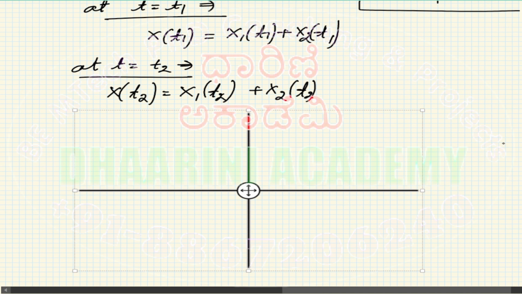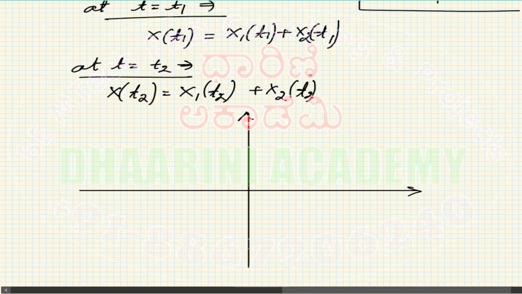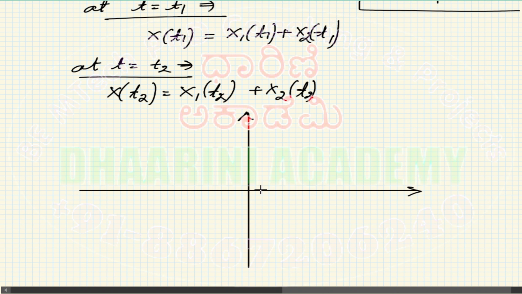So we have a similar coordinate system at t1 and t2, and let us say initially the x of t1 I denote using one vector. That vector is like this. This is the first vector denoting the x of t1.